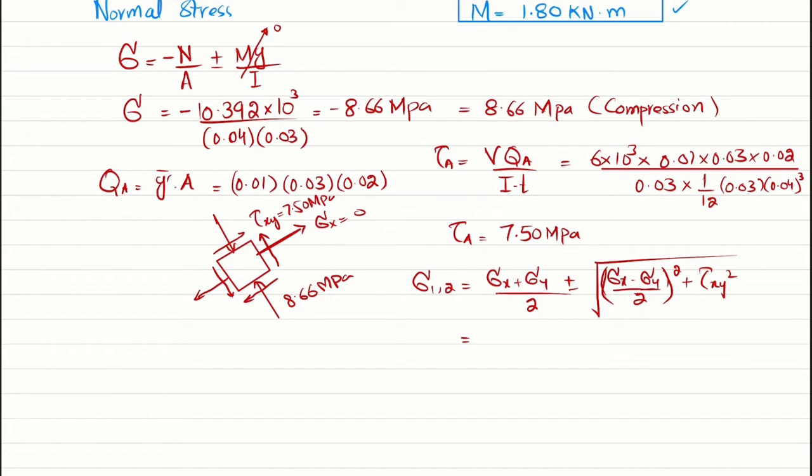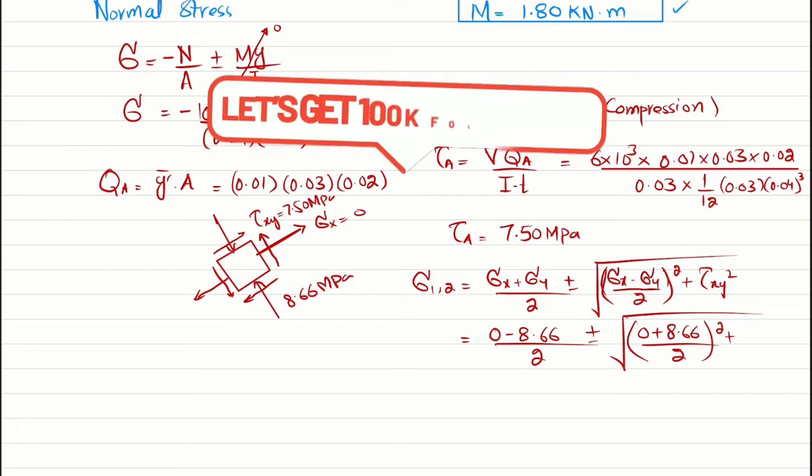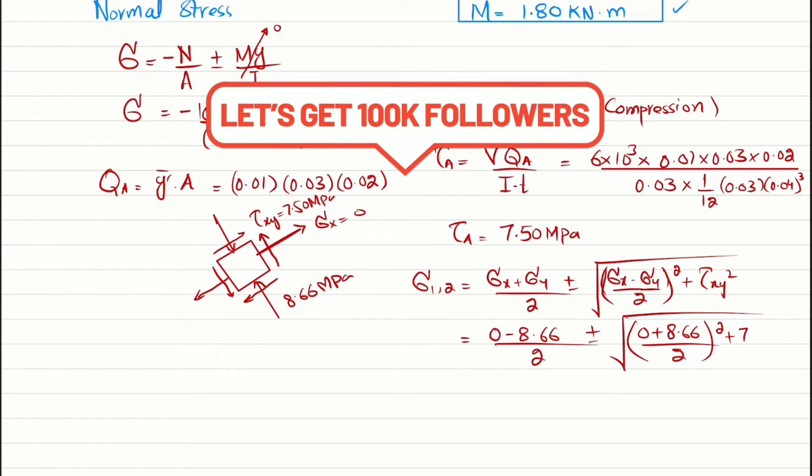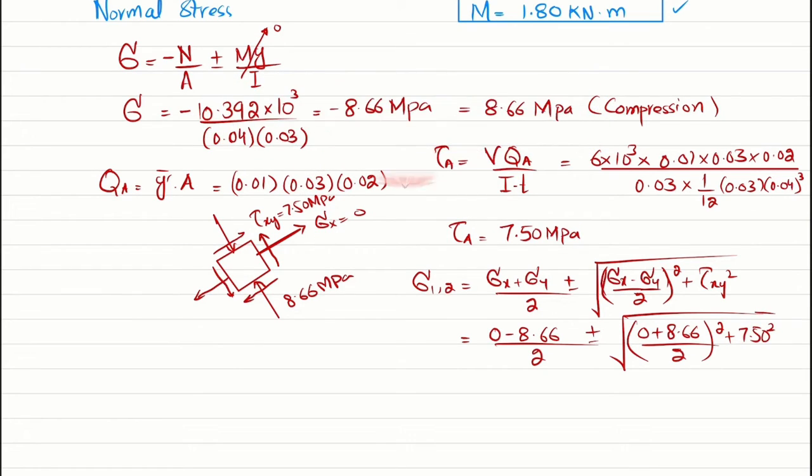So put the values: 0 minus 8.66 divided by 2, plus minus the root of 0 plus 8.66 divided by 2 whole square plus tau of xy, which is 7.50 square. That will give you sigma 1, 2.